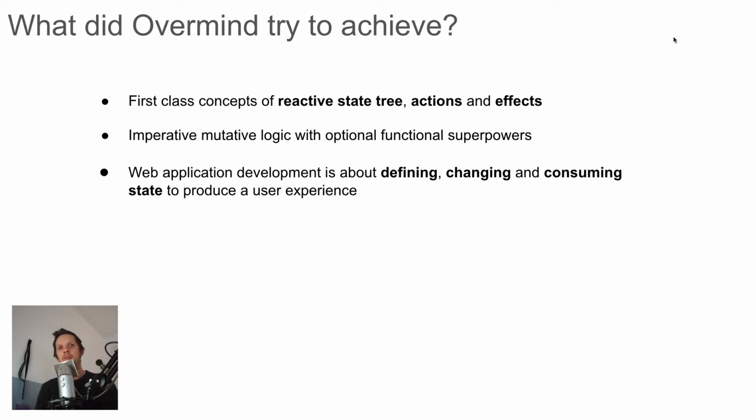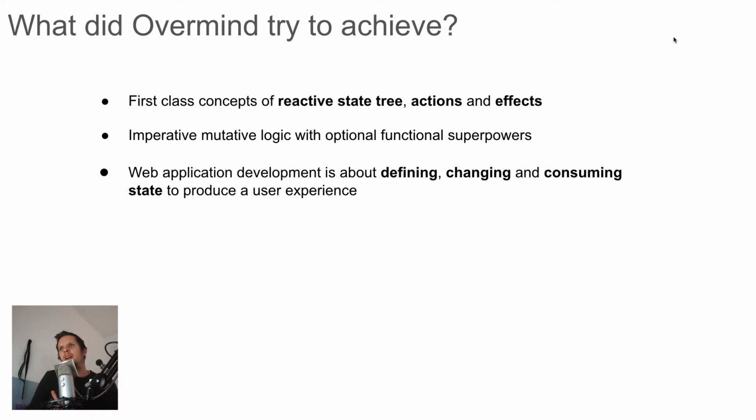And then if you need functional superpowers, you can do that. That's where the operators come in. So operators typically help you with time complexity, especially throttling and delaying things and stuff like that.